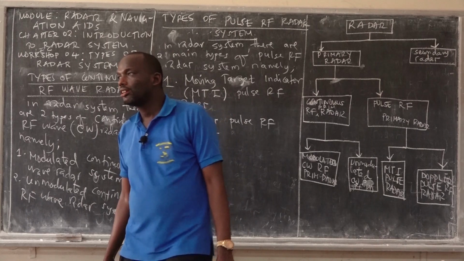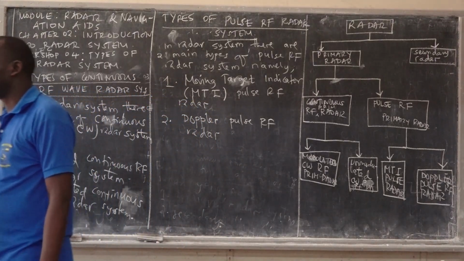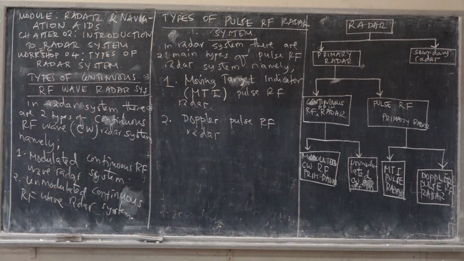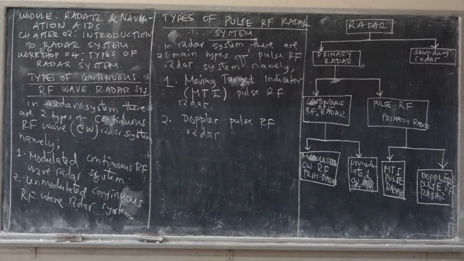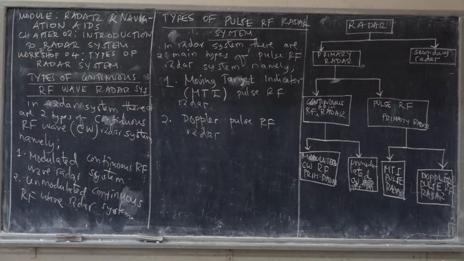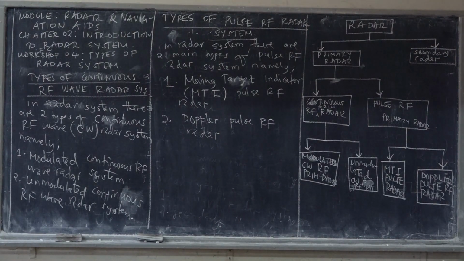Any question about what you have drawn there and what you have discussed? Ask a question about what I've introduced to you. Okay, the next part we'll be discussing the types of the secondary radar system.